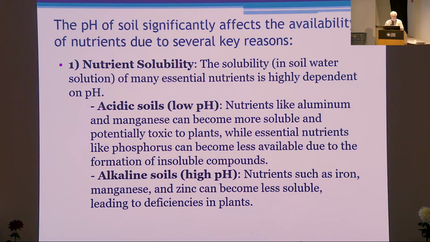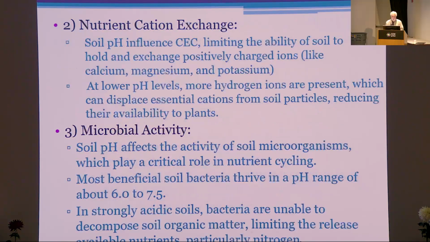And as a consequence, in large amounts, these can be detrimental to your plant. In alkaline soils, generally greater than a 7.3, 7.4 or 7.5, some nutrients, again, many of these are the micronutrients, become less soluble. So the plant is not able to take them up, and they become a deficiency in your plant.